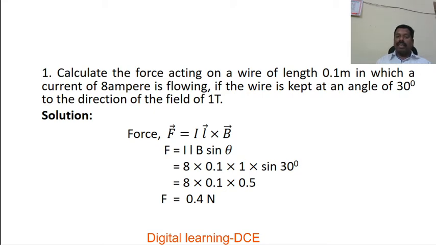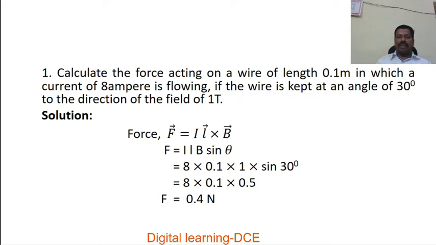Calculate the force acting on a wire of length 0.1 meter, that is a straight current carrying conductor, in which a current of 8 ampere is flowing if the wire is kept at an angle of 30 degree to the direction of the magnetic field of magnitude 1 Tesla. Magnetic field strength is given, length of the current carrying conductor is given, that is 0.1 meter, and angle theta is given, that is 30 degree.